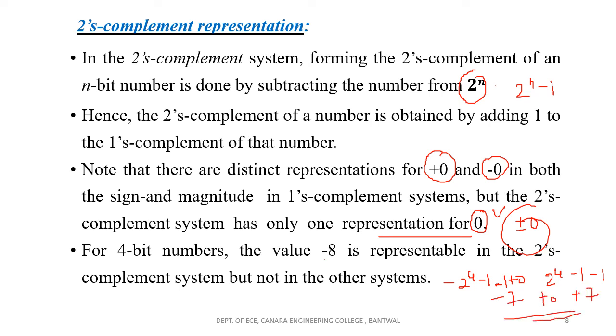Whereas in 2's complement, it ranges from minus 2 power 4 minus 1 to plus 2 power 4 minus 1 minus 1, that is from minus 8 to plus 7. So one extra number, minus 8, can be represented in the 2's complement system.